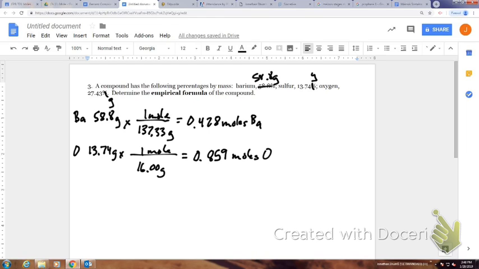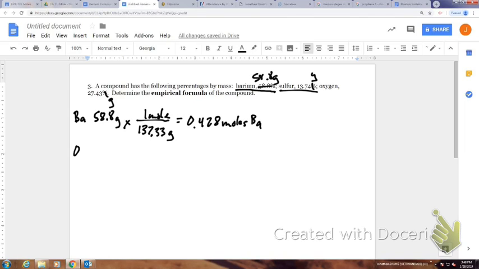And then the last one is, I did the wrong one, sorry. Let me try that again. It looks like barium is 58.8, sulfur is 13.74, and oxygen is 27.43.